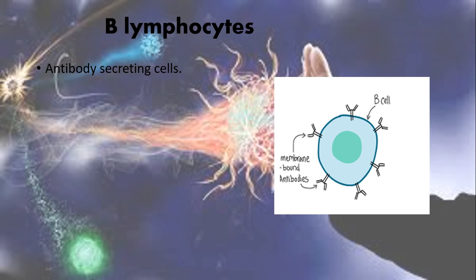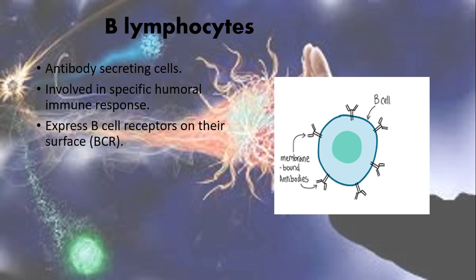This is why we say that the B lymphocytes are the antibody secreting cells. They are involved in a specific immune response which is targeted against specific antigens, and this is known as a specific humoral immune response because it's carried out by the antibodies present in the serum and not by the cell itself.